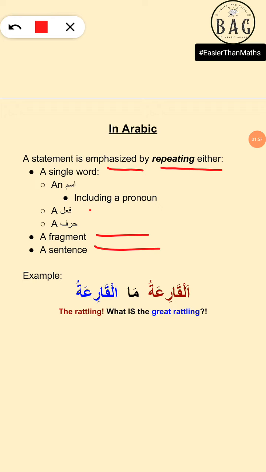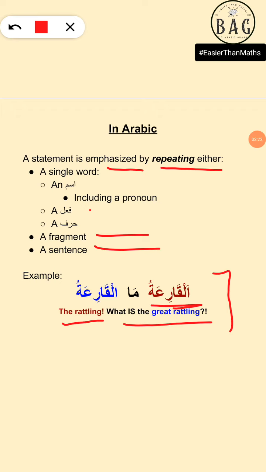For example, al-qari'atu, mal-qari'atu. Here al-qari'a means the rattling, the vigorous, forceful shaking of something. What is the great rattling? That is the implication of this repetition.